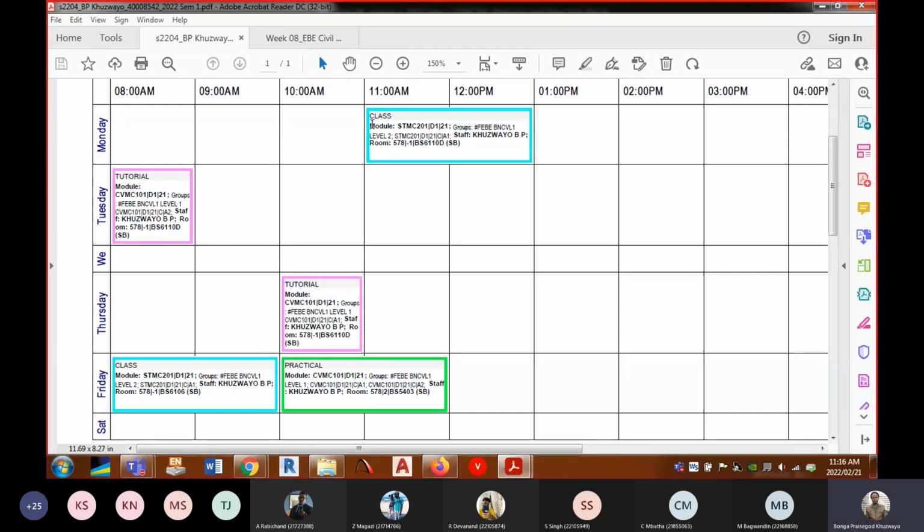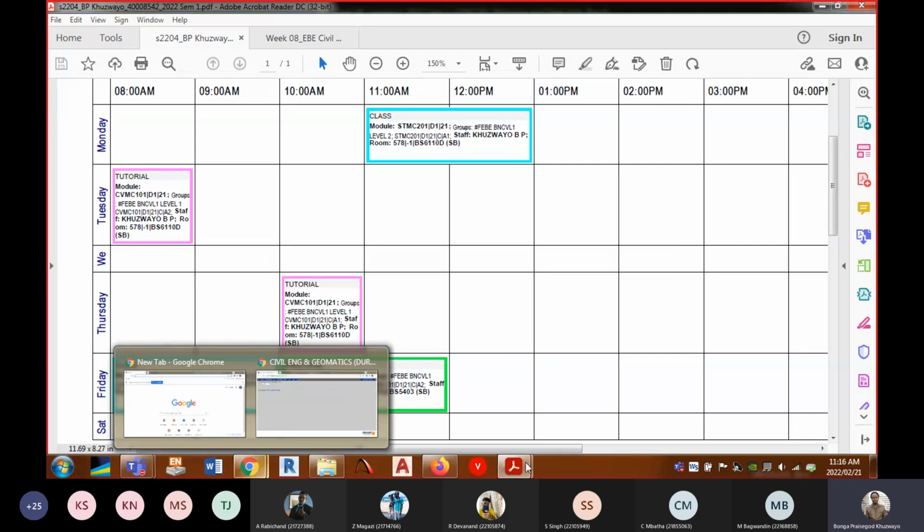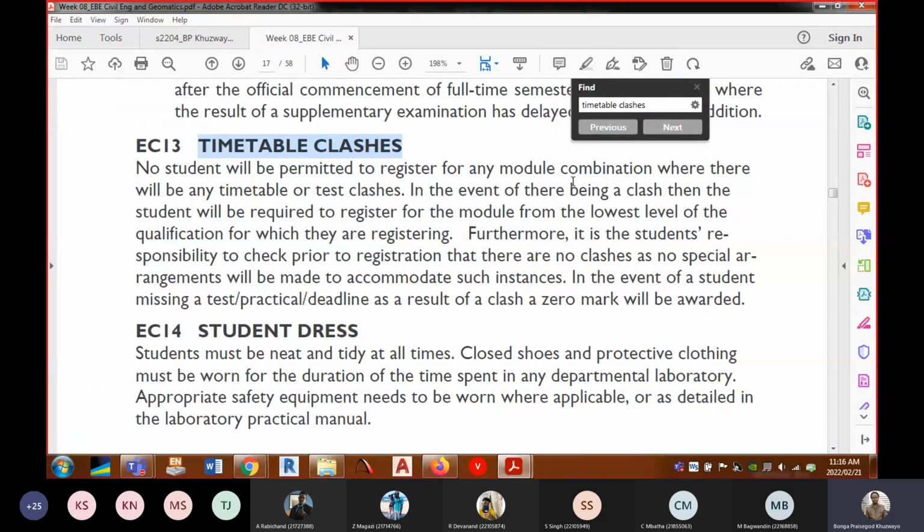So with respect to lectures and tests, strictly speaking, you're all supposed to be free between 11 and 1 on Monday and between 8 and 10 on Friday. Everyone is supposed to be free, and I think that is a fair approach to finding a solution to this potential problem.